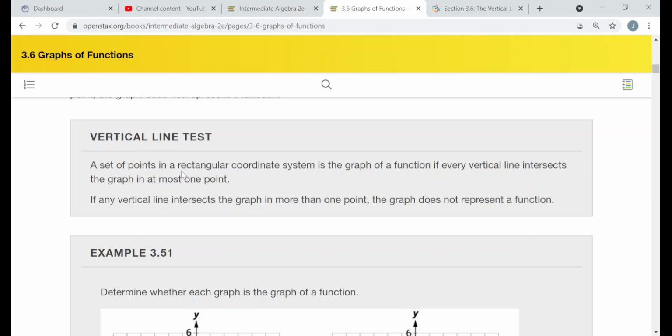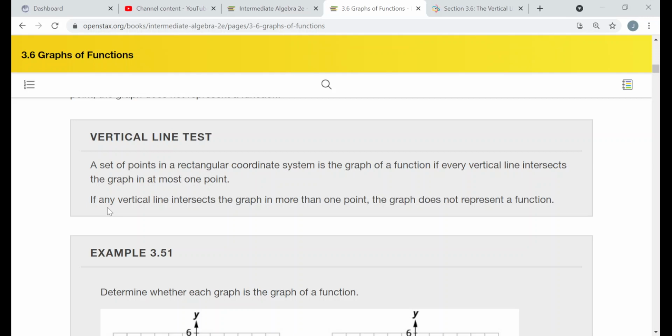A set of points is the graph of a function if every vertical line you could possibly draw, straight up and down, intersects the graph in at most one point. So every vertical line you draw either hits the graph at one point or it doesn't hit the graph at all.